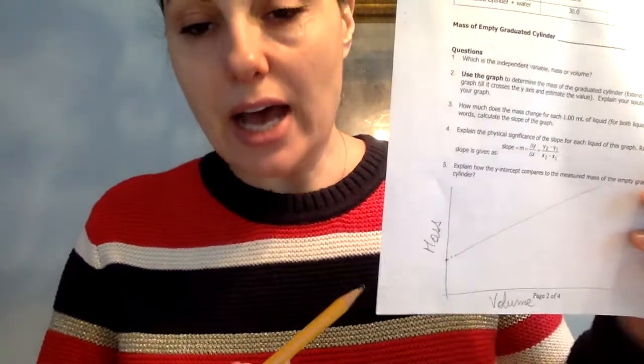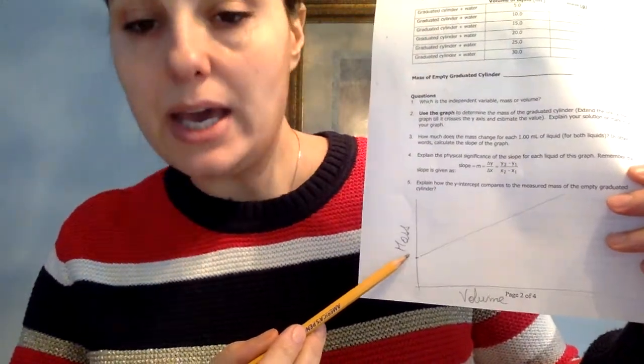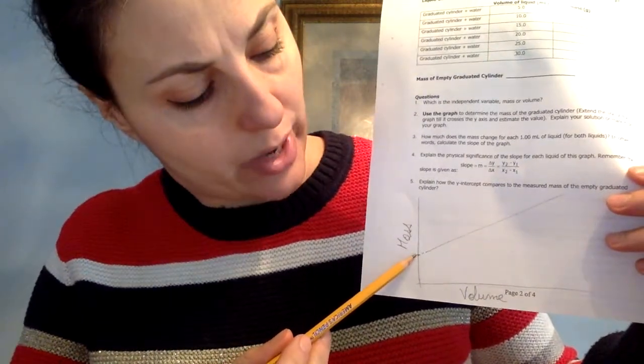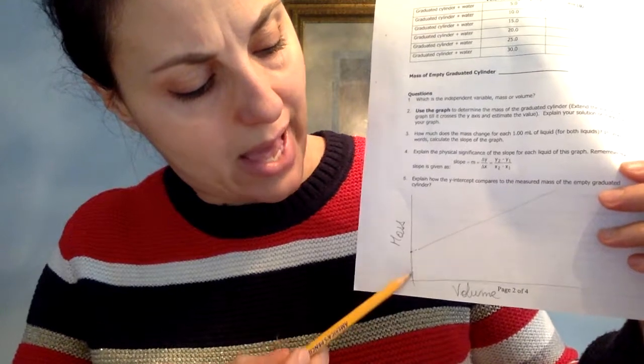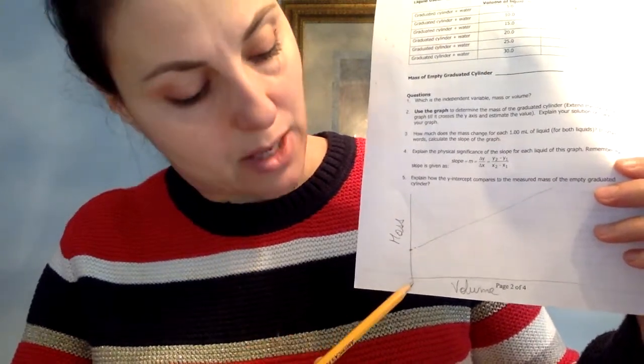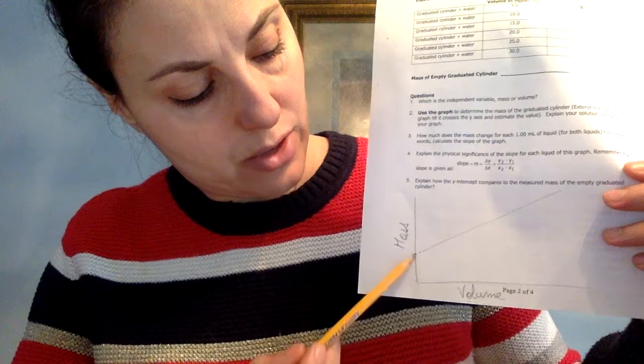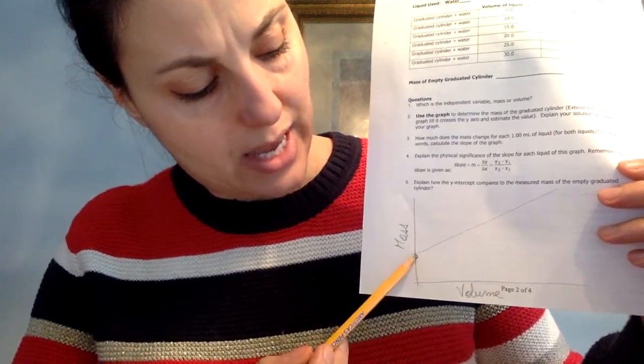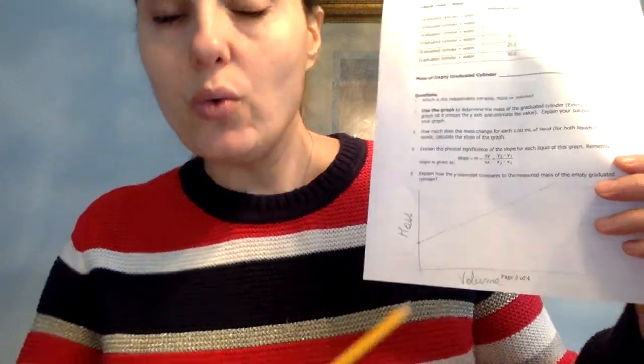If you look at this dot over here and figure out what's the meaning of that, well, the meaning of that particular dot, so where it crosses the y-axis, it gives me a mass, but the volume is 0 right here. At this point, the volume is 0, and I have a certain amount of mass. When is the volume 0? When I don't have any liquid at all, which means I have an empty cylinder, an empty graduated cylinder, and that's the mass of the empty cylinder.